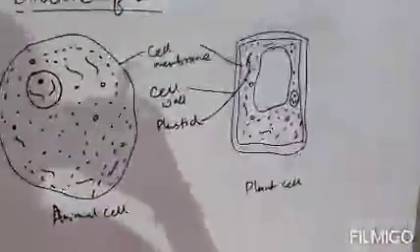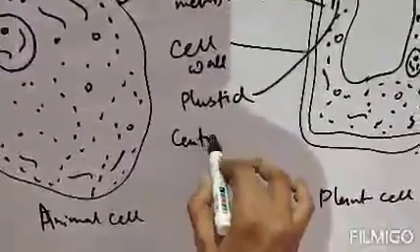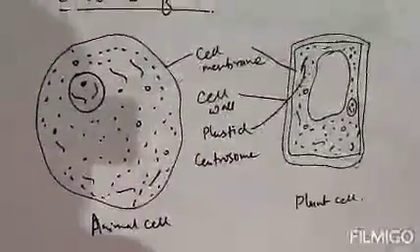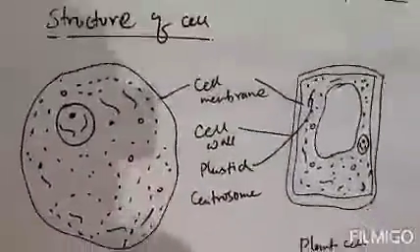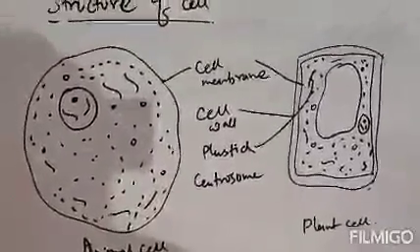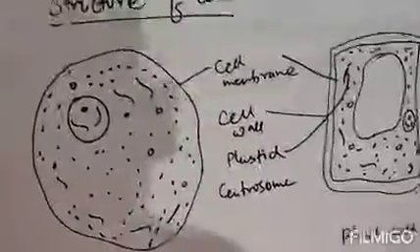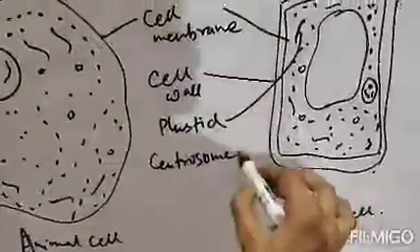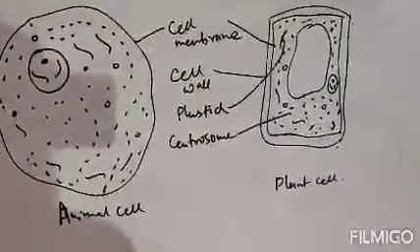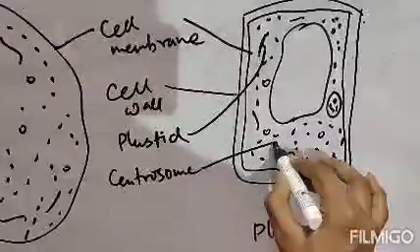Clear? Next one is our centrosome. The centrosome is found in plant cells as well as in animal cells. In a plant cell, this is the centrosome.